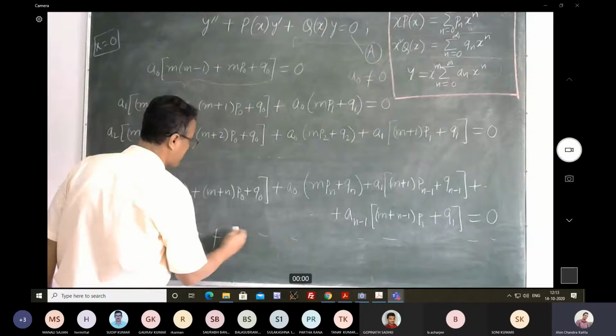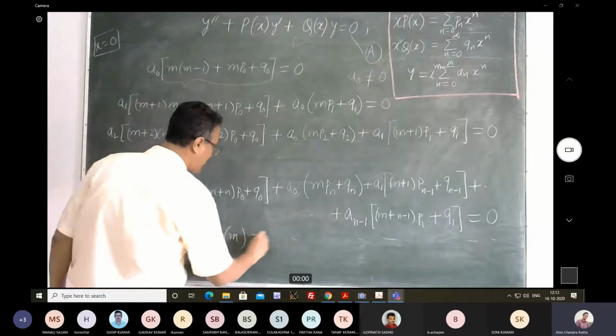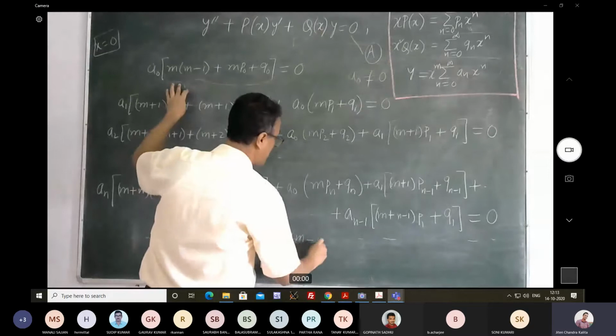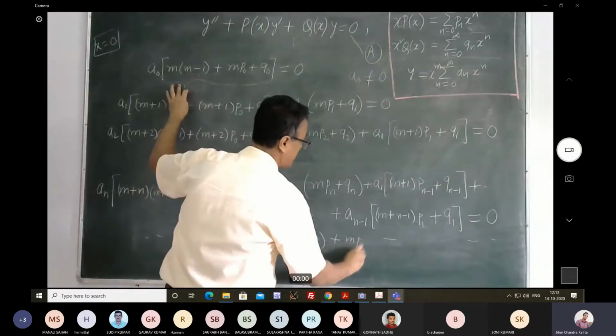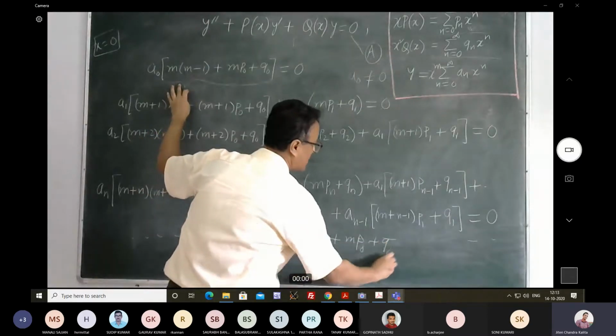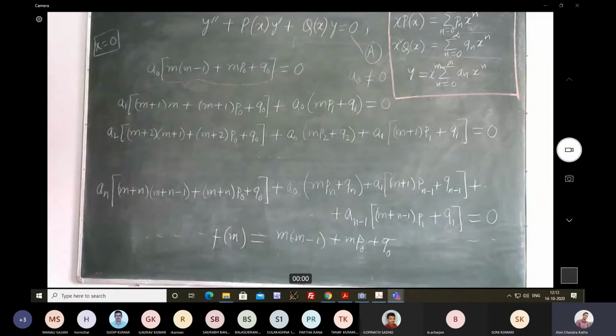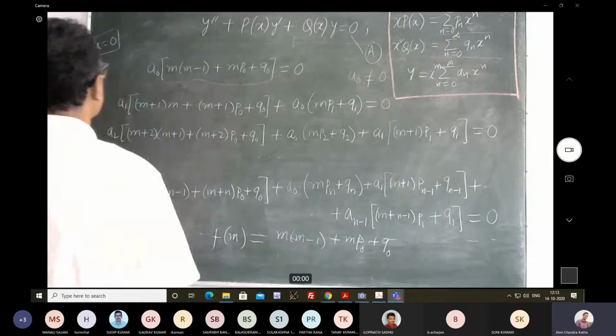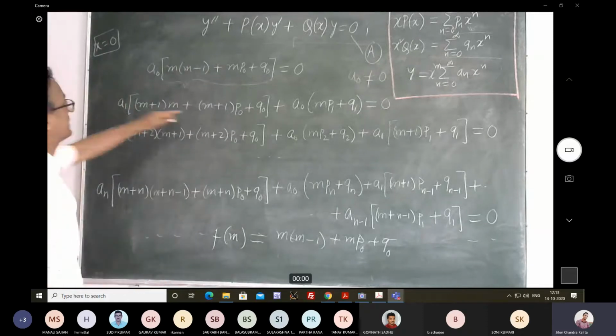Okay, fine. So now let me define, say, f(m) to be simply the expression for the indicial equation. Then what I can do, I can write these equations.